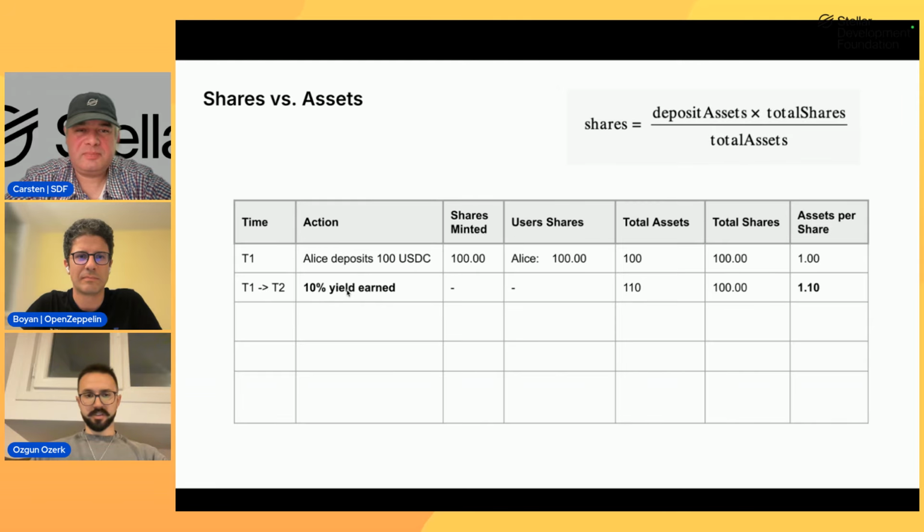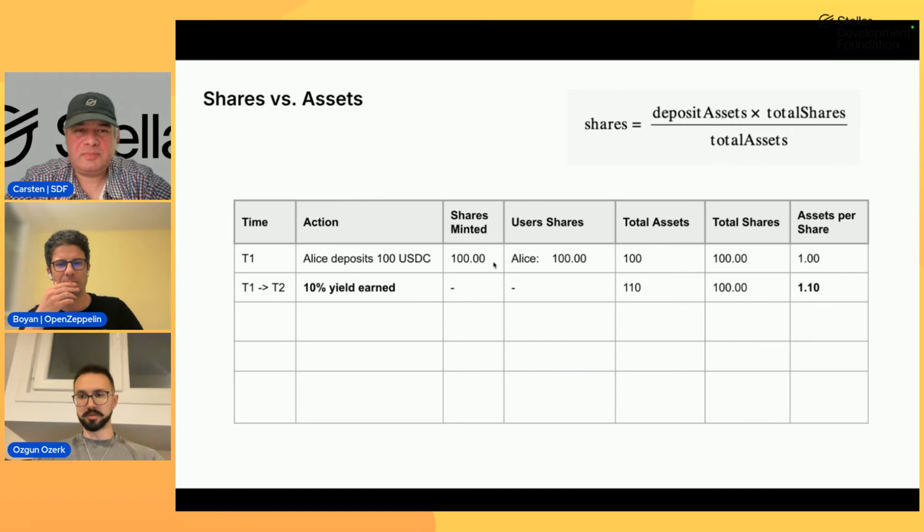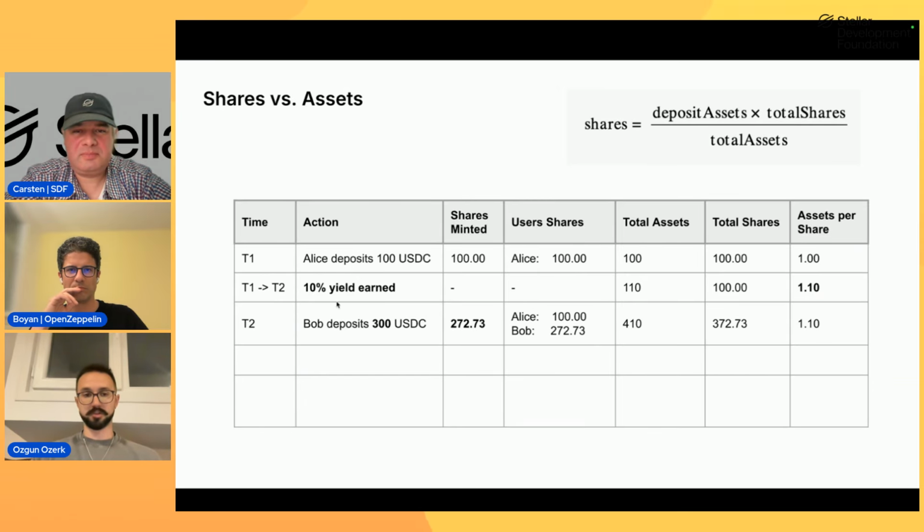So let's say 10% yield is earned, and now the asset amount per share has increased. Previously, one asset corresponded to one share, but right now, since the total shares have not changed, only the interest increased the total asset amount in the vault, so this ratio should change, right? Right now, if you provide one share, you will get 1.1 asset in return because of the 10% interest rate.